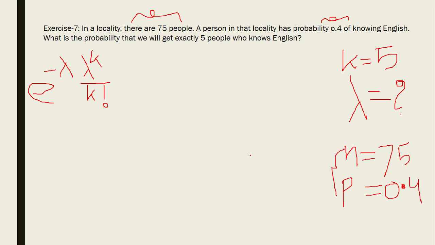How? Because lambda is equal to n into p. Now we know the value of n and p, so we need to multiply 75 into 0.4, and the result will be our lambda. So now we know the lambda, we know the k, so we can easily find out the probability, right?